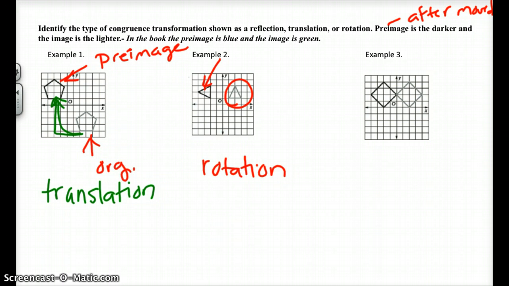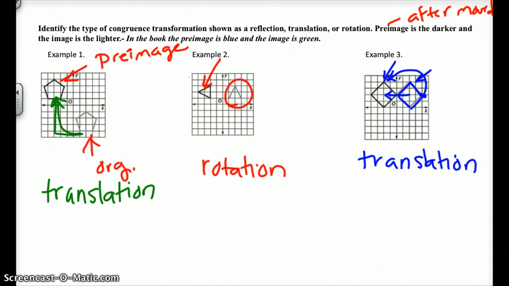You also can have more than one answer here, so as we move on to our next one, I'm looking, and again, this is my original, and this is my pre-image, and I see this rhombus, and it's being moved over, which is a translation. Because it's identical, it's equal on all sides and angles are all equal as well, it could have been a rotation.